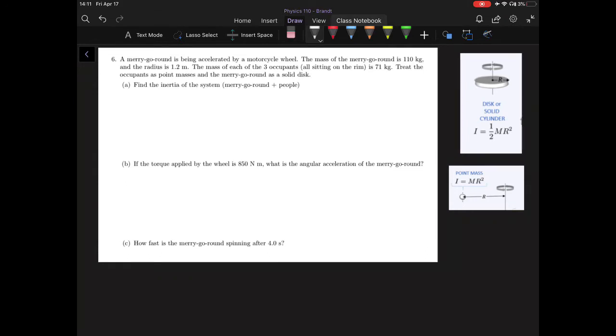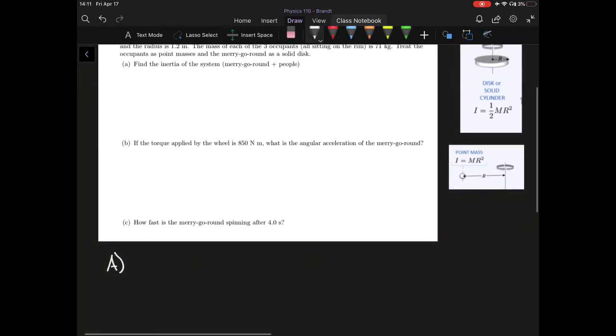So for part A, we need to find the inertia of the system, so the merry-go-round and people. So we're looking for I total. That means we need to add the I of the merry-go-round plus the I of the people.